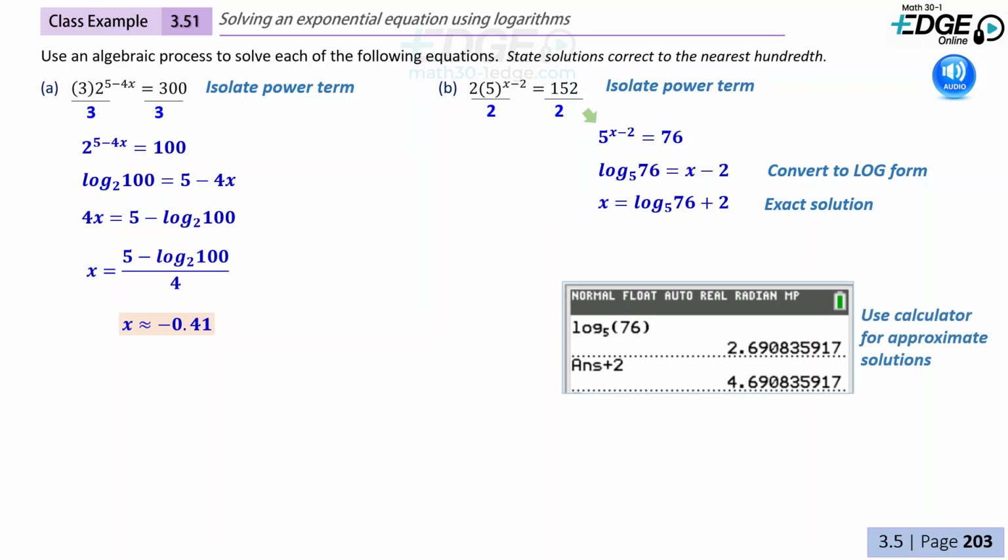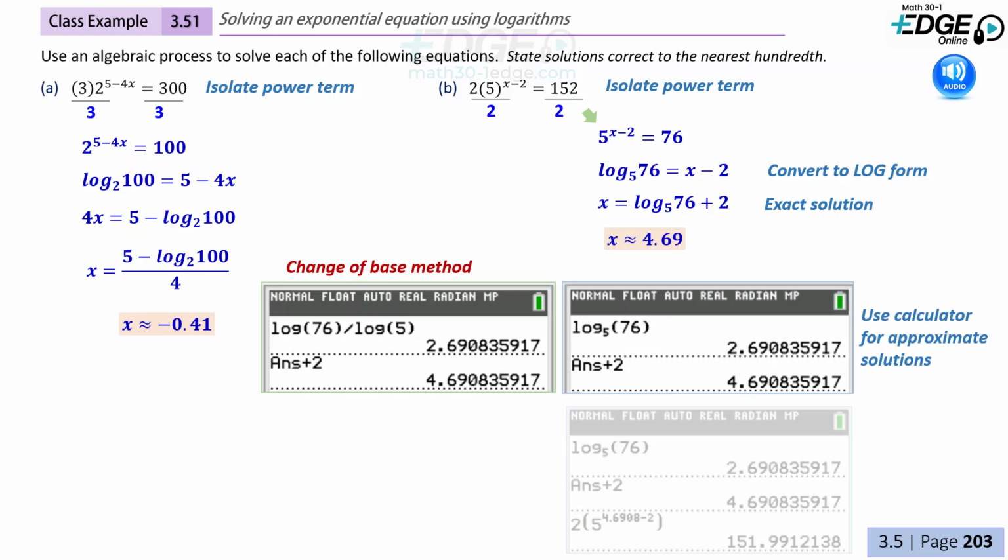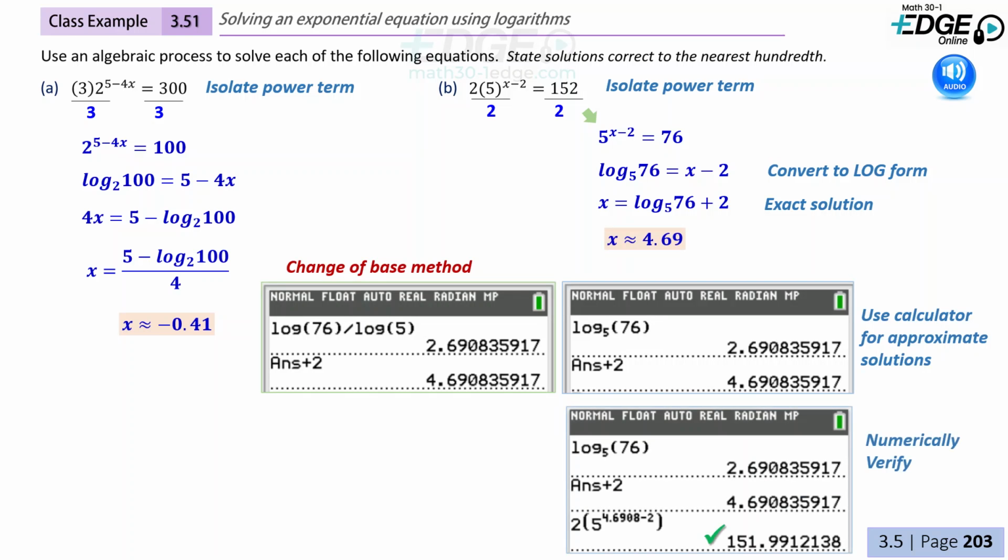And then put into your calculator to find an approximate solution, or the change of base method with an older calculator. So x is approximately equal to 4.69. And again, we're not quite at 152 when we check our answer, but close enough.